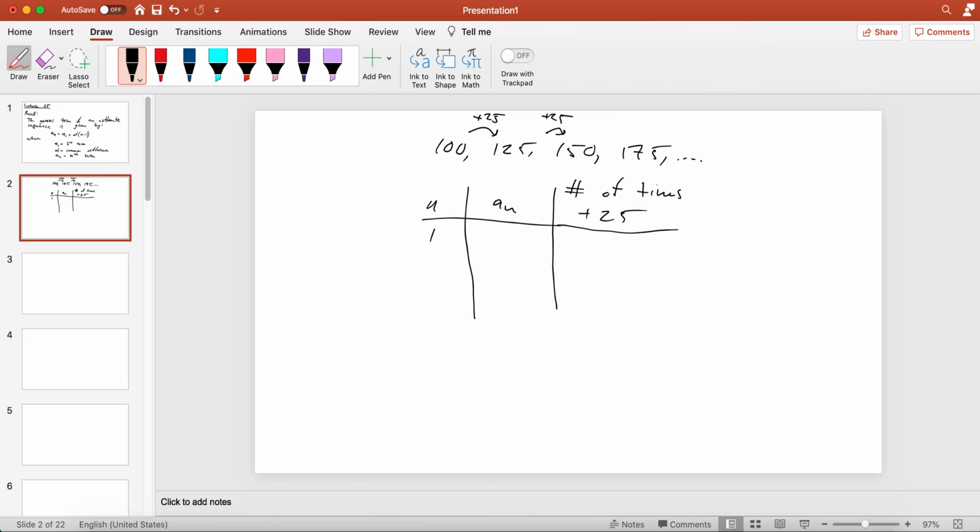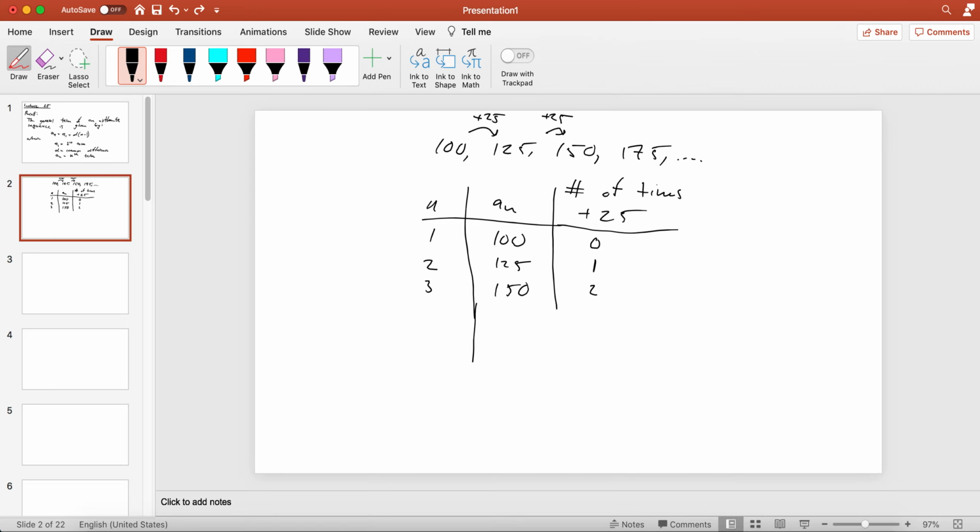So the first term is 100. And how many times have I added 25? Well, 0 times so far. The second term is 125, and I've added 25 1 time so far. The third term is 150, and I've added 25 twice now.